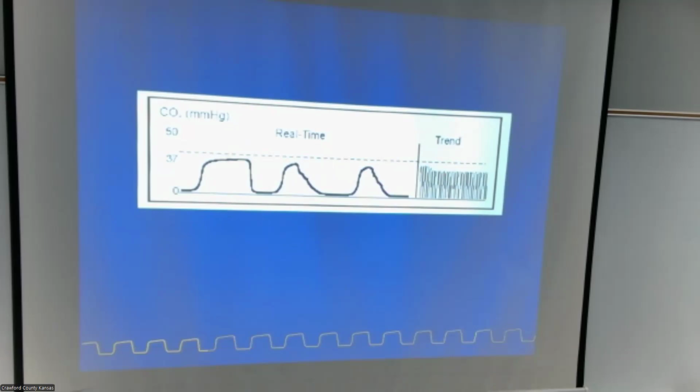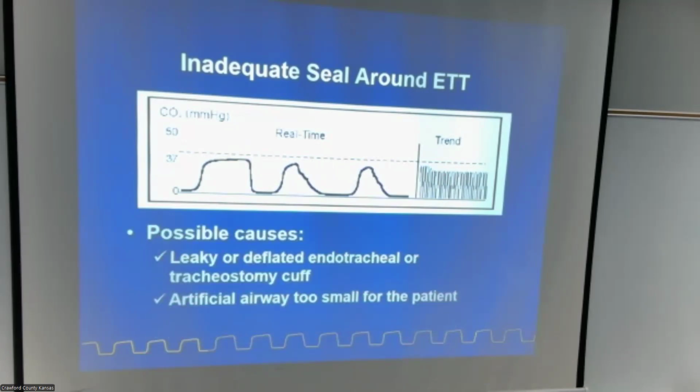Baby shark fin, baby shark fin. Inadequate seal around the ET tube, a little more air in there. Leaky or deflated cuff, artificial airway too small for the patient. This is one thing that you can do, like LMAs.